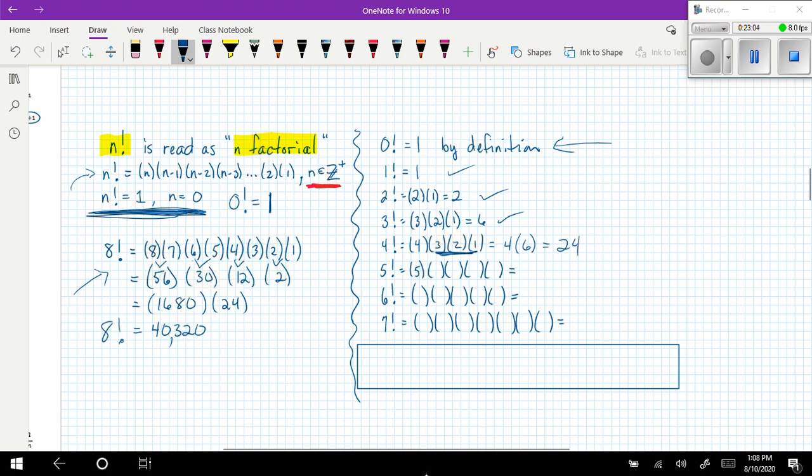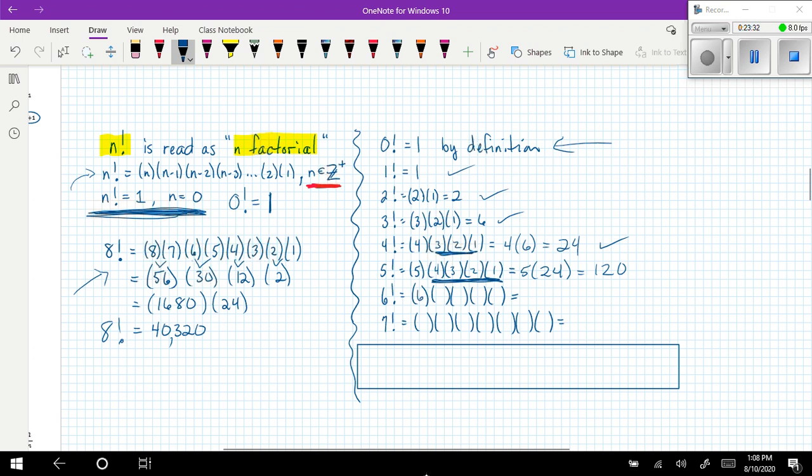So 4 factorial is 24. 5 factorial is 5 times 4 times 3 times 2 times 1, which didn't I just do? 4 times 3 times 2 times 1? That was 4 factorial. So 5 times 24 should end up giving you 120.